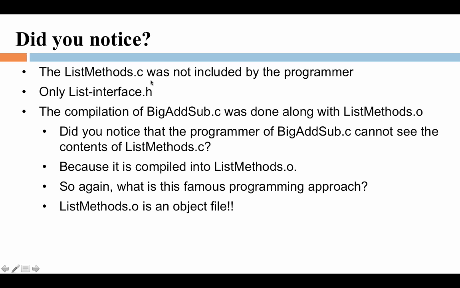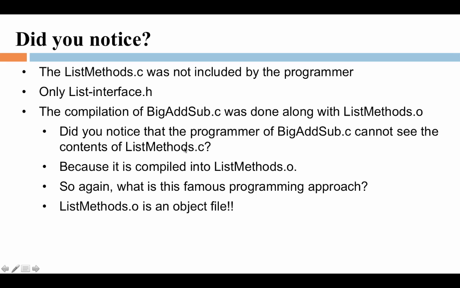This person had access only to list interface.h, and this was compiled along with list methods.o, which is the object file. In particular, I want you to notice that the programmer of big add sub.c cannot see the contents of list methods.c, because it is compiled into list methods.o.